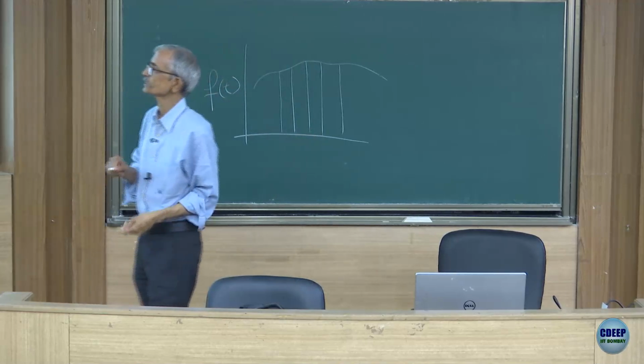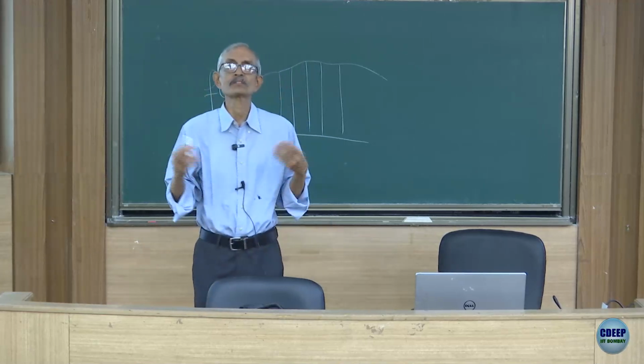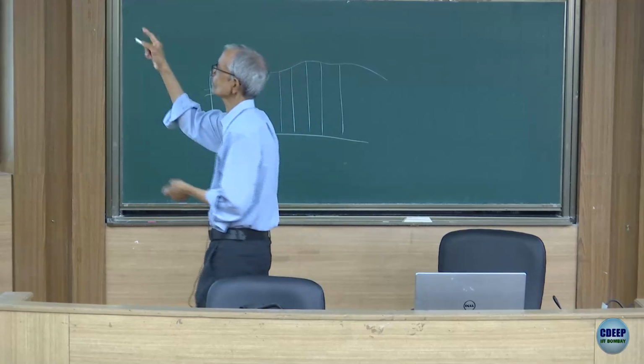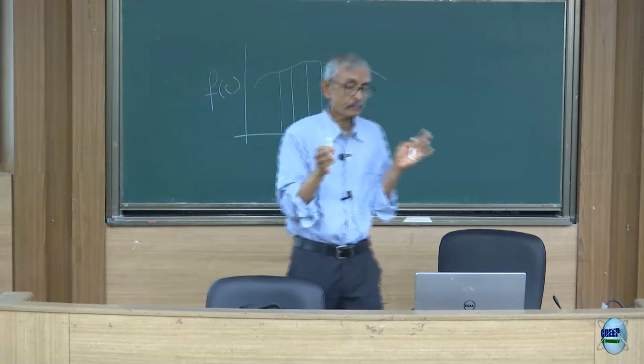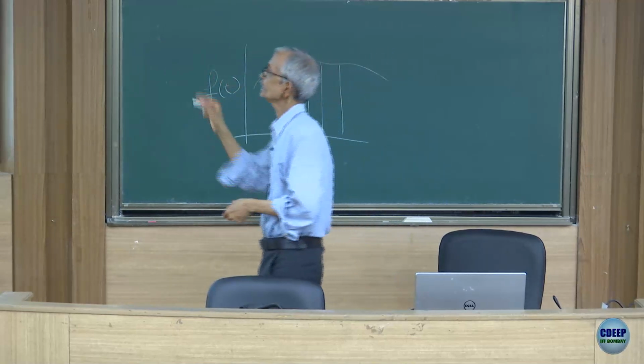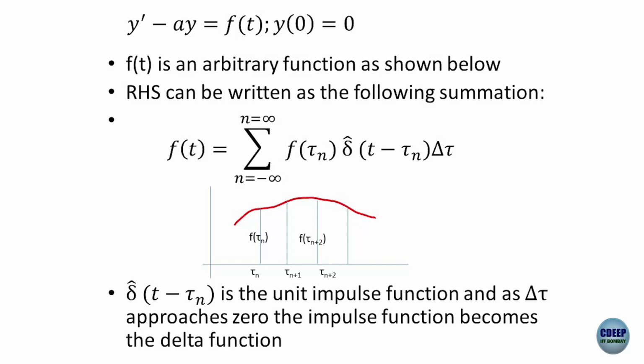that my function f is going to be the summation of f of tau, which is some arbitrary dummy variable as of now, and then I have this delta tau, that's the impulse function, that's the hat that is on top of it, and delta tau is equal to unity, and therefore as and when my delta tau is going to get squeezed to 0, delta hat will approach delta and I will get the full function back.